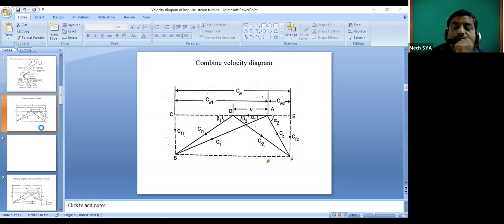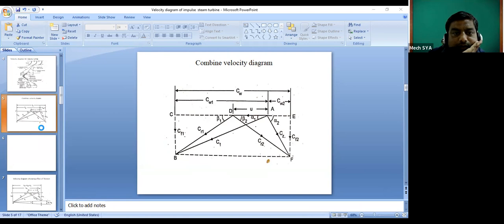Now this U is the blade velocity, and it is common for both triangles. So if you observe here, it is common, and therefore it is called the combined velocity diagram.